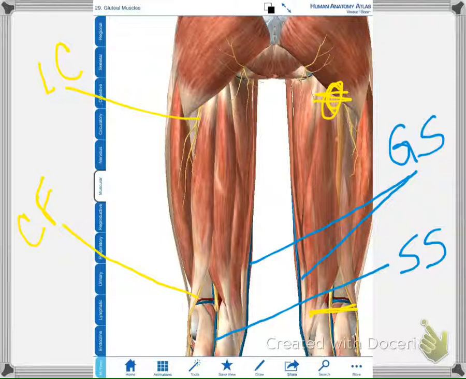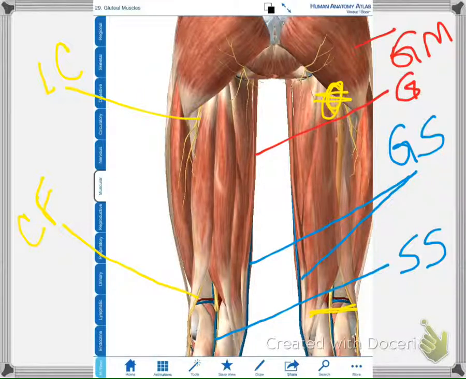Let's go ahead and remember, this is our gluteus maximus. We have our gracilis. And now it's easy to see right here, this is our semitendinosus and is lying on top of the semimembranosus.